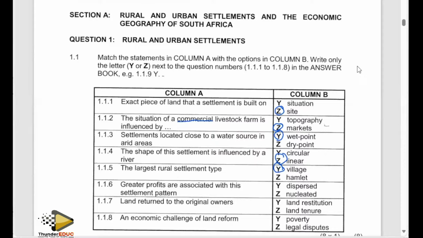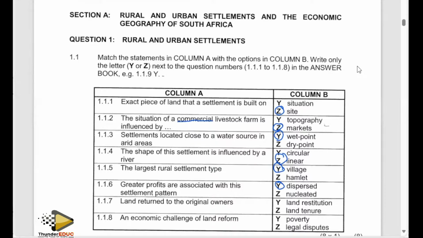With nucleated, usually the farmers are settled in a cluster and they share pieces of land for farming. So the one most likely to reap more profits is the dispersed one, where the farmer farms on his or her own piece of land away from the next farmer.